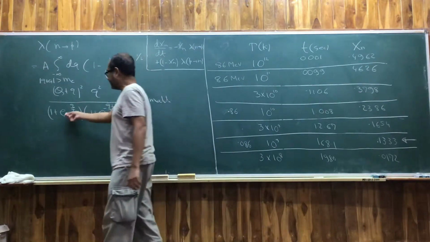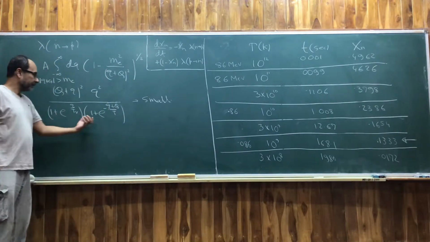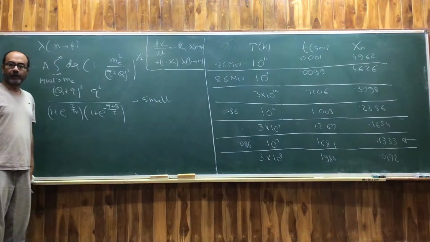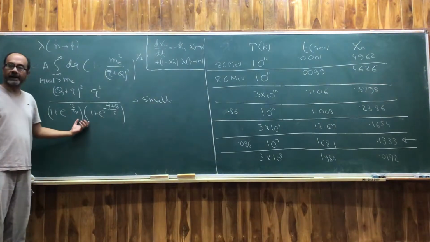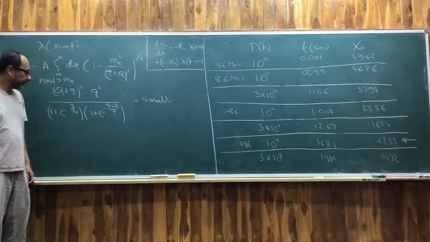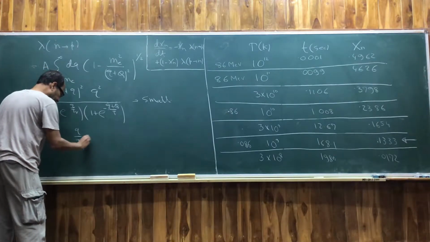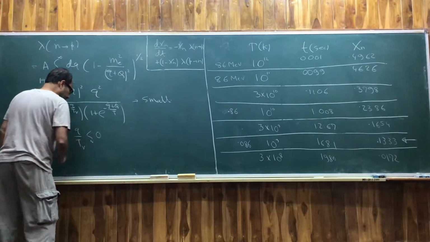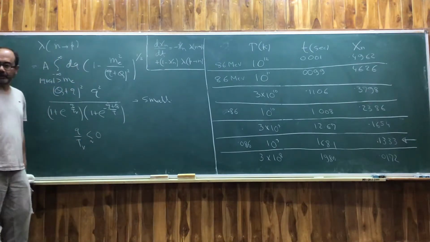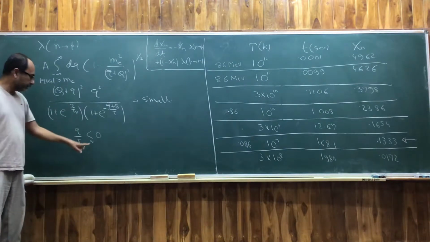So now let's look at this and see in which range we can get a reasonable contribution, in which range the denominator is not large. So first, q over T nu must be less than 0, or of order, or of a finite number around 0. It cannot be very large and negative. That's what this symbol means.